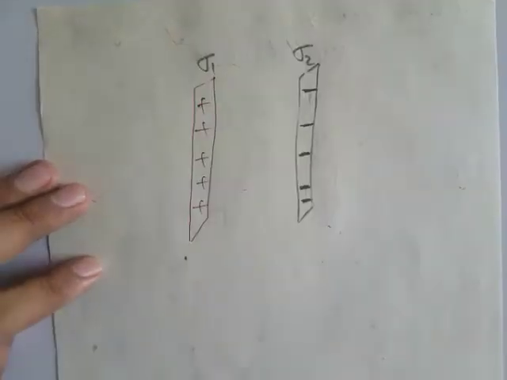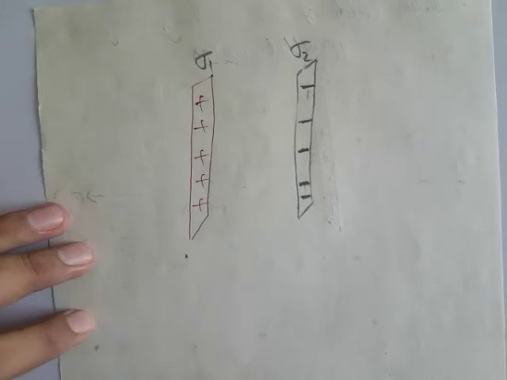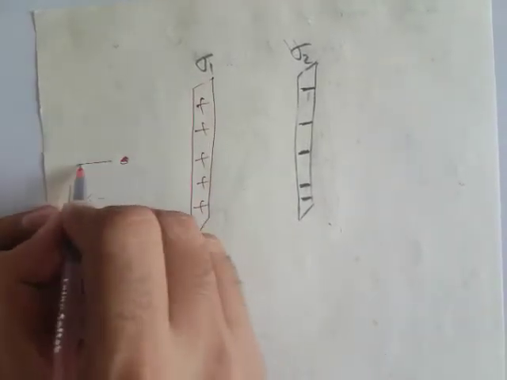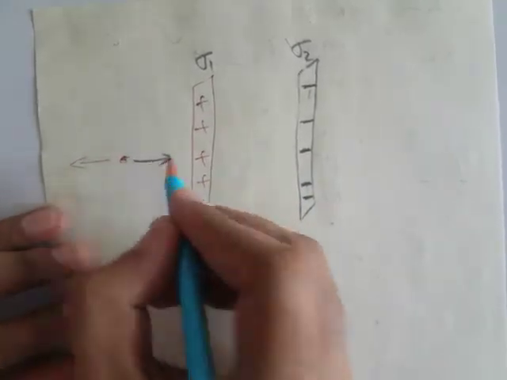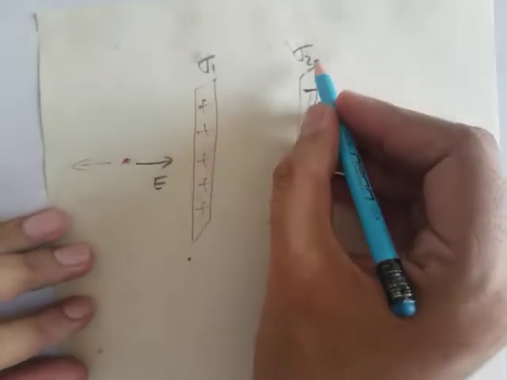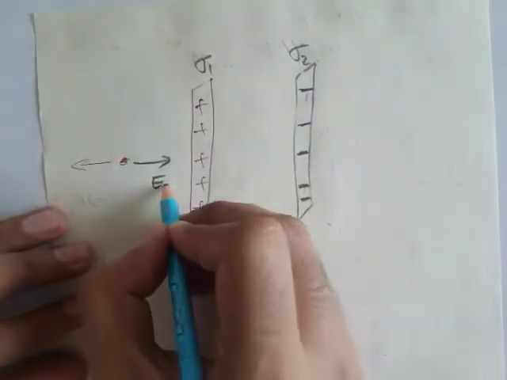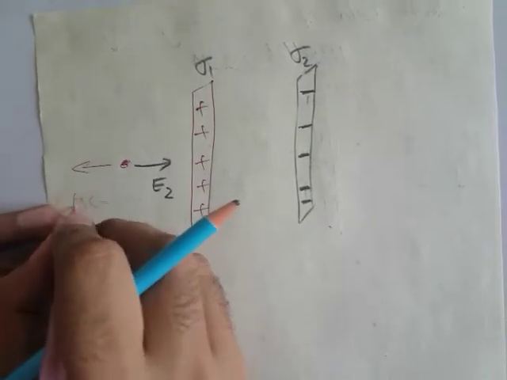In this we are going to draw. Now the same thing, and we quickly cover it. If we consider a positive charge here, positive will repel, negative will attract, so the direction here is E from this second plate, that is sigma 2, we write here E2, and this one is sigma 1, we write here electrical field E1.